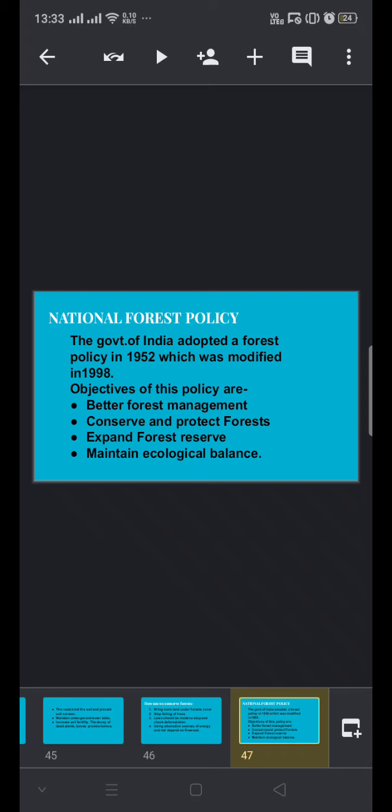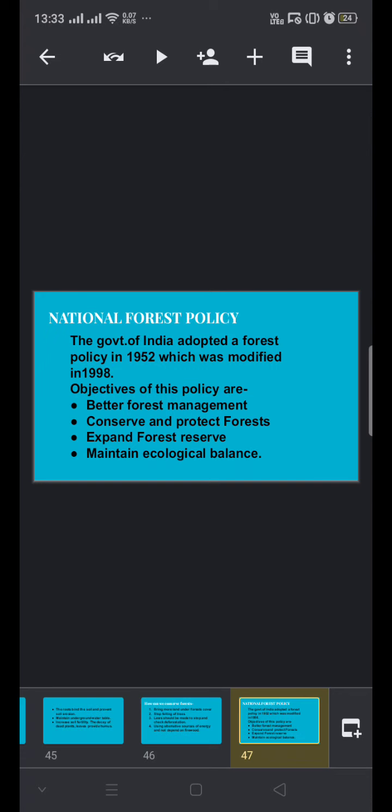Next is the National Forest Policy. The Government of India adopted a forest policy in 1952, which was modified in the year 1988. Now what are the objectives of this policy?